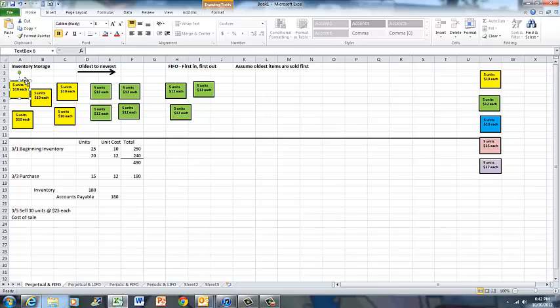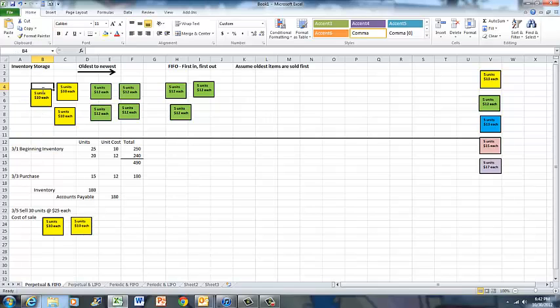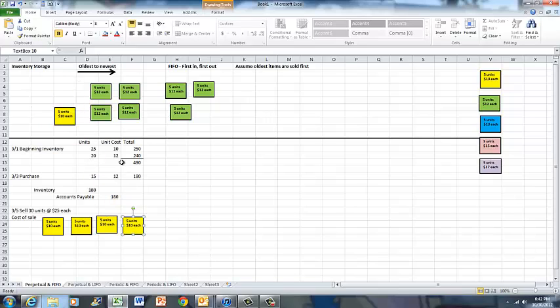So our oldest units are the $10 each. So we'll bring all of our $10 units, 5, 10, 15, 20, and 25 units are given to the customer, but then the customer is going to say, hey, wait a minute, I asked you for 30 units, you've only given me 25, so we need another 5 units, so we're going to have to take that from the $12 rack.